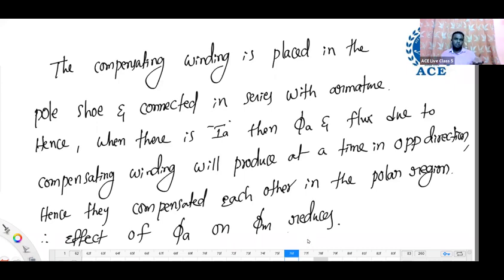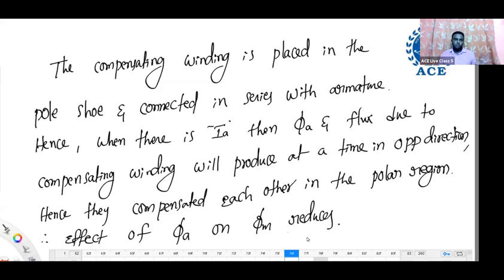Compensating means equalize. Whatever armature flux is there in that region, same amount of flux will come in opposite direction. Both get cancelled each other. Compensating flux will not be present always. When there is armature current, then only compensating flux.